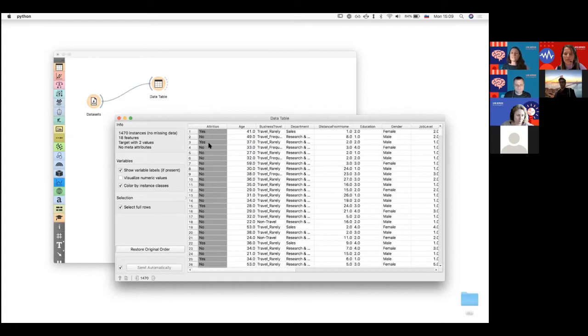And this is called classification. This is because we have categorical values. So a value is either a yes or a no. If we had a numeric variable, something like age, this would be called regression. But today we will be working on classification, namely trying to predict from these columns here whether a person left or stayed.